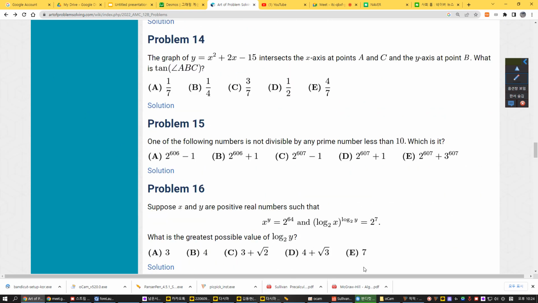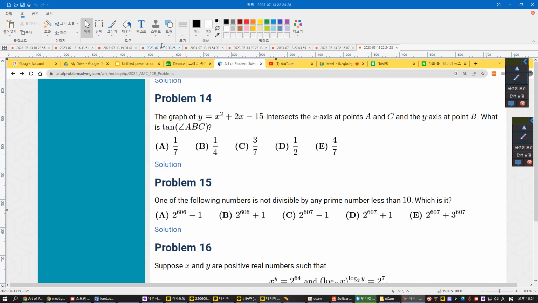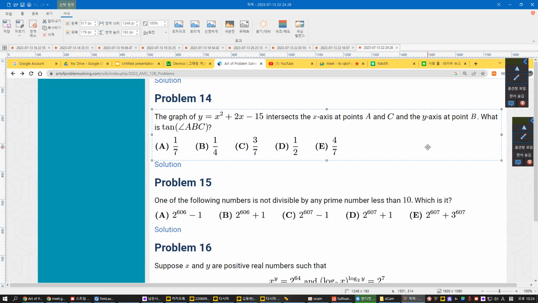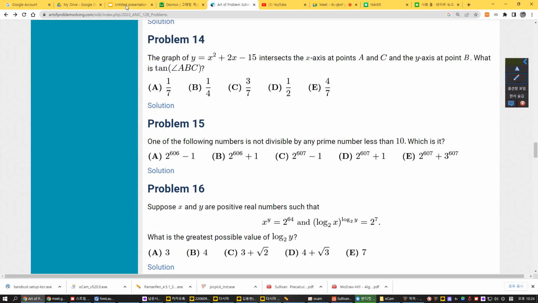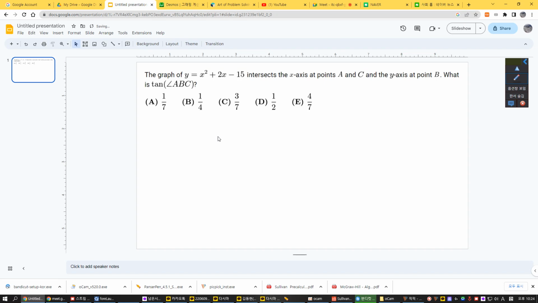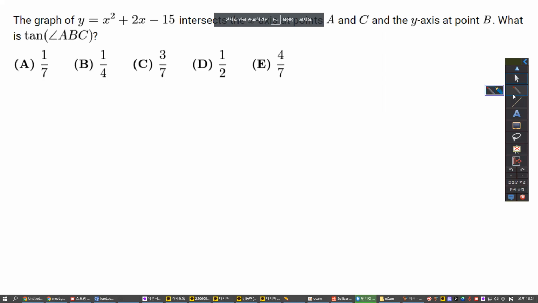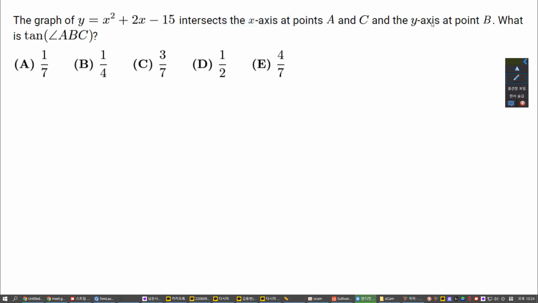For this problem, number 14, we need to find the x and y intercepts. So the y-intercept is 0 and minus 15.